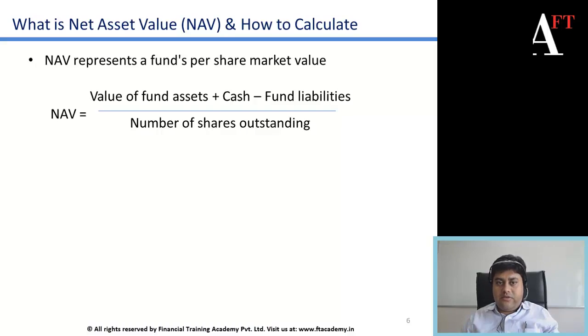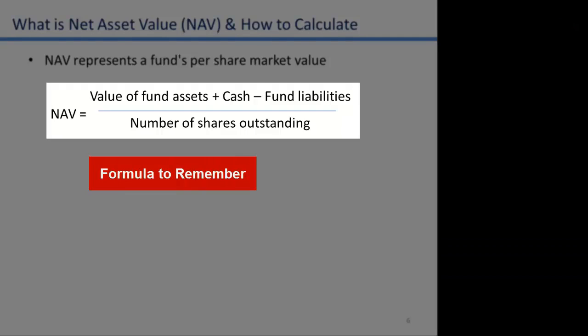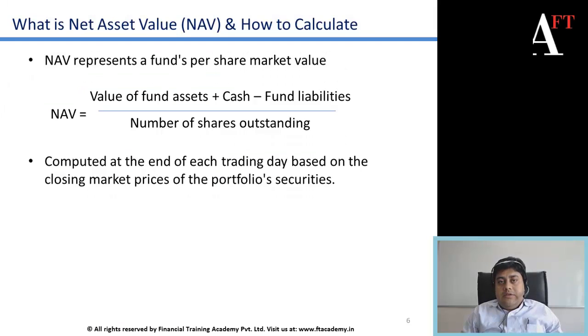That will give you the net asset value, and you divide that by the number of shares outstanding at that point to get the NAV per unit or per share of the mutual fund. This is computed at the end of each trading day based on the closing market prices of the portfolio securities. Remember, it's a very important point. NAVs for an equity mutual fund are calculated daily at the closing prices.